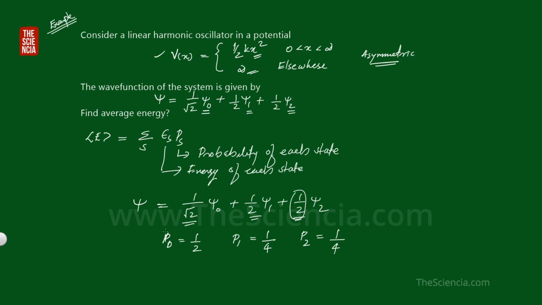Now we have to find the energy of the psi 0 wave function, the energy of the psi 1 wave function and the energy of the psi 2 wave function.